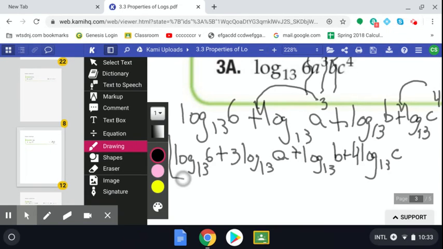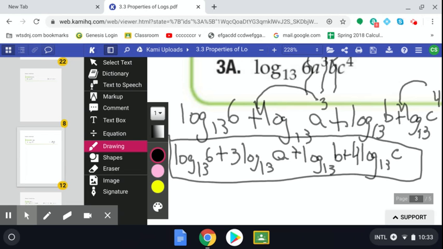And that is going to be the answer. Log base 13 of 6 plus 3 log base 13 of a plus log base 13 of b plus 4 log base 13 of c. Okay.